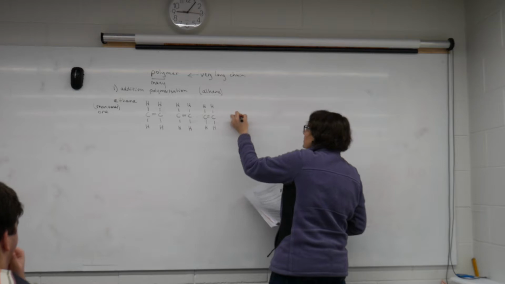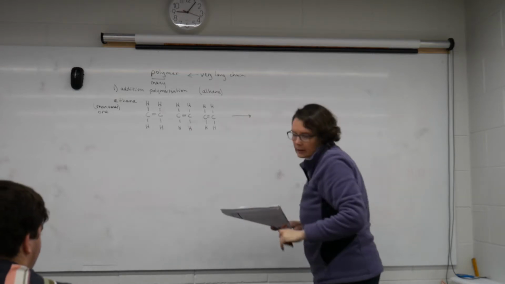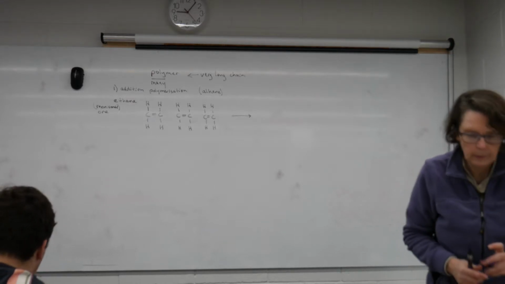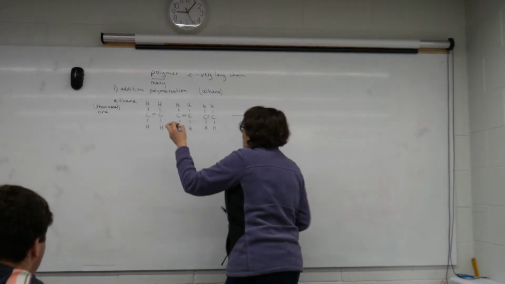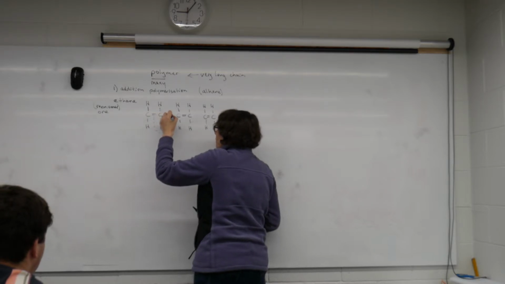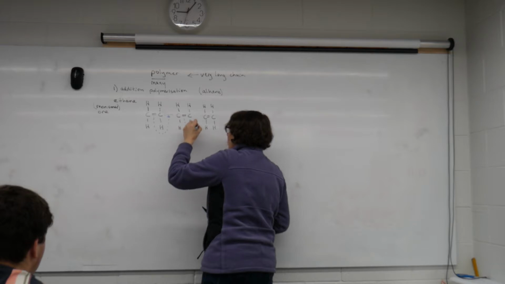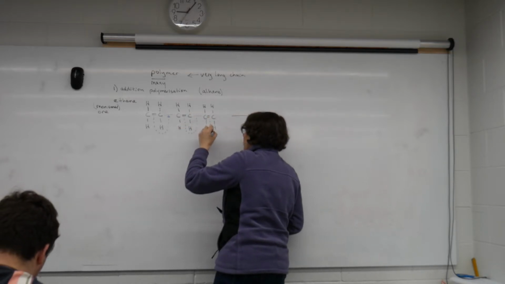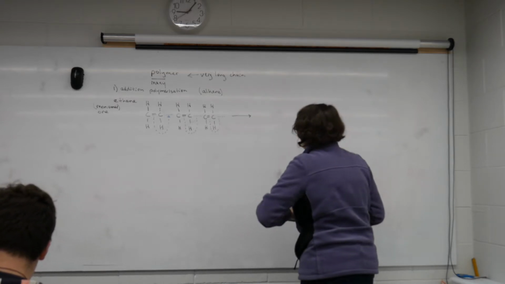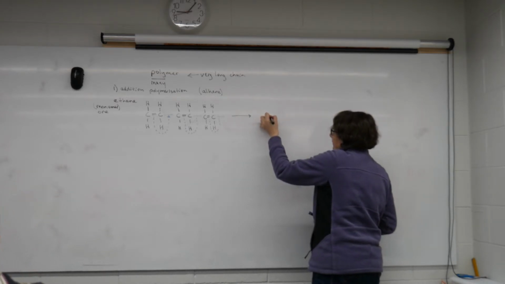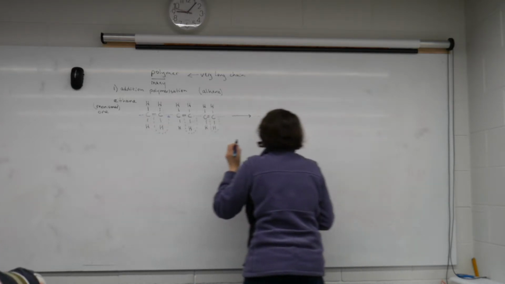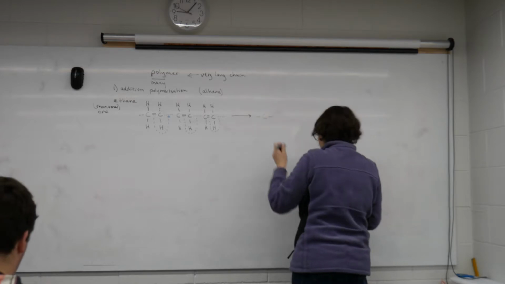But what happens is that we break that double bond. This double bond will break and form a new bond in there. And we'll put in that to indicate that it's an ongoing chain.